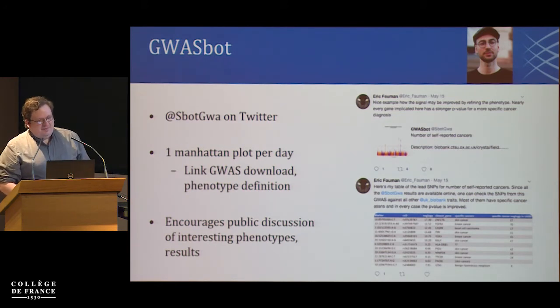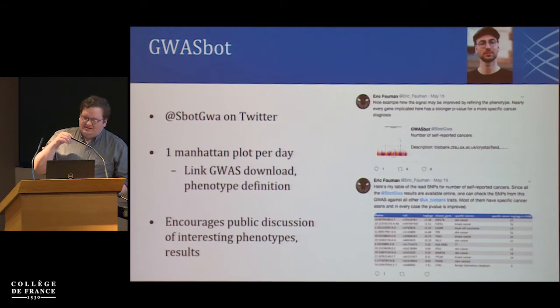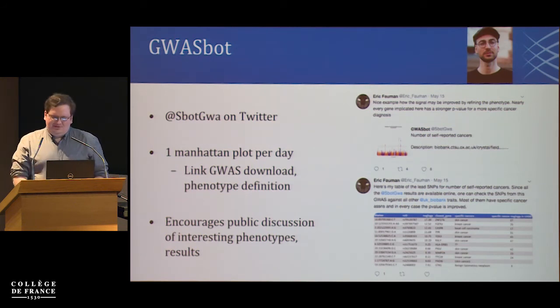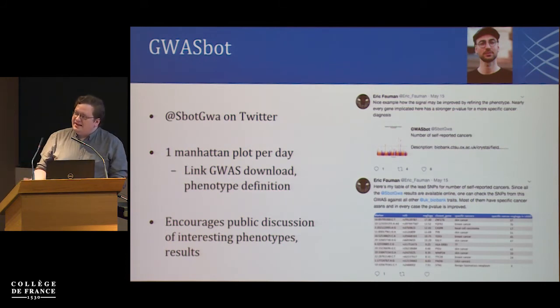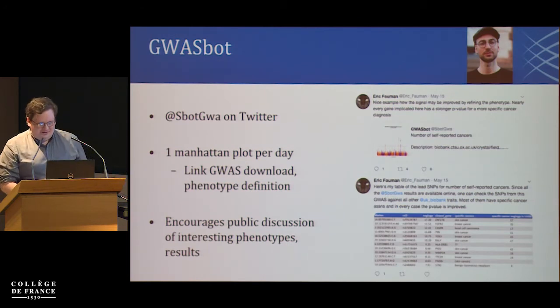Similarly, Eric Fahman shows up regularly, thinking through these results on almost a daily basis. One recent example was looking at the GWAS results for number of self-reported cancers. This is a simple question of how many types of cancer you report having been diagnosed with over your lifetime.